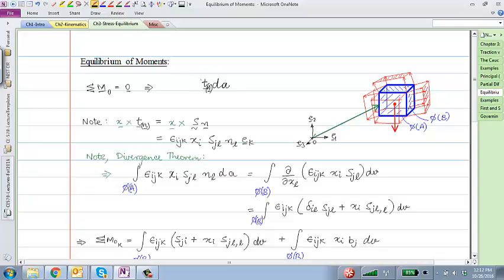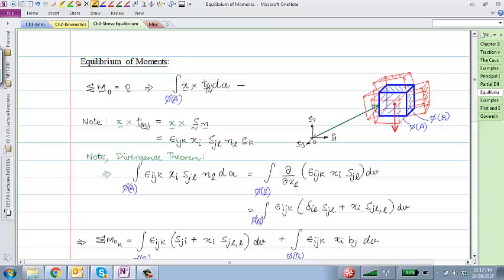If I take x cross product with that and integrate it over the deformed area, that should be equal to the moment due to all of these surface tractions over the entire body about this point O, right? X cross with T dA. That's moments.